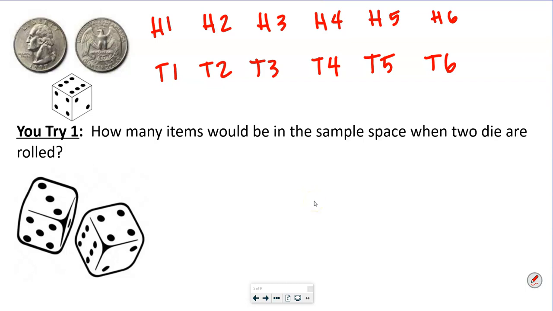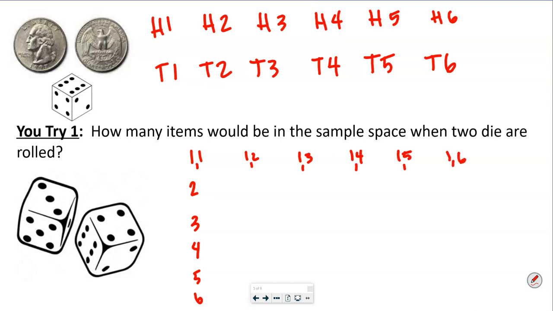So on this one, wouldn't we have the first die 1, and then the second die 2, or first die 2, and then 3, and then 4, then 5, and then 6, right? So once again, I could have a 1, 1, a 1, 2. 1, 3, 1, 4, 1, 5. These would be commas, by the way, y'all.